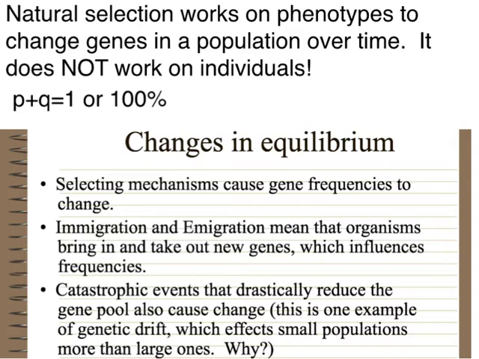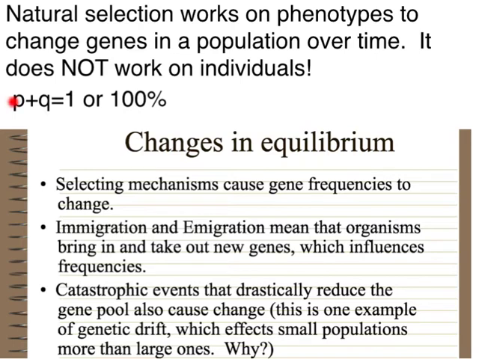Okay? Now, there's a very important little equation that you have to know here, and it is P plus Q equals 1 or 100%. And all this is saying is that the frequency of P, which is the frequency of the dominant allele, plus the frequency of Q, which is the frequency of the recessive allele, has to equal 1 or 100%. Okay? It's really simple.